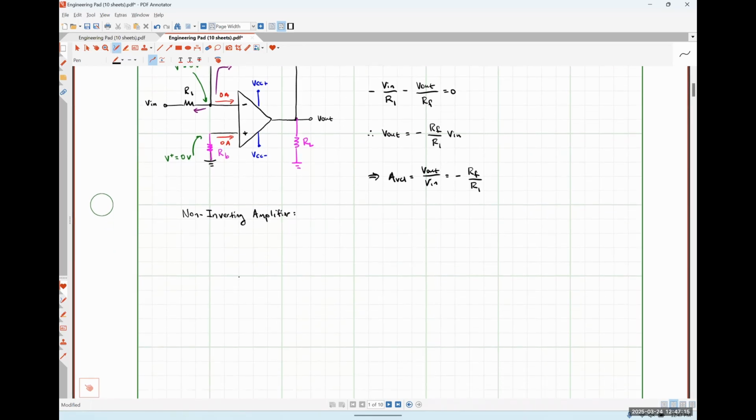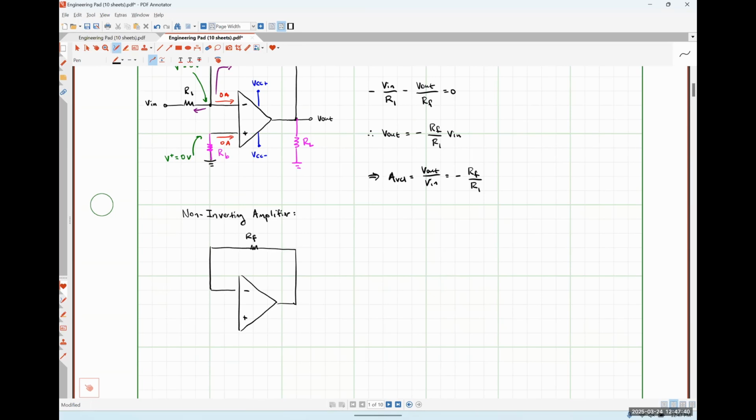So I've got my op amp here. Applying negative feedback across the top again, like so.